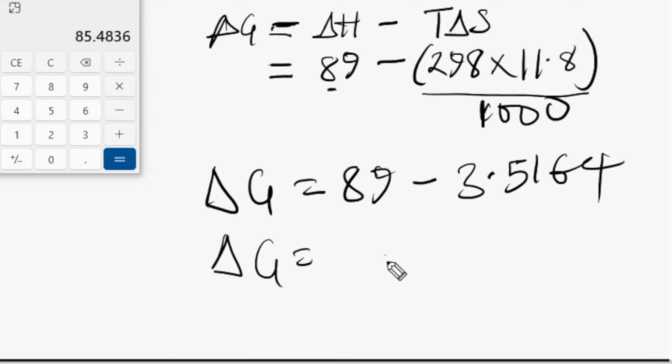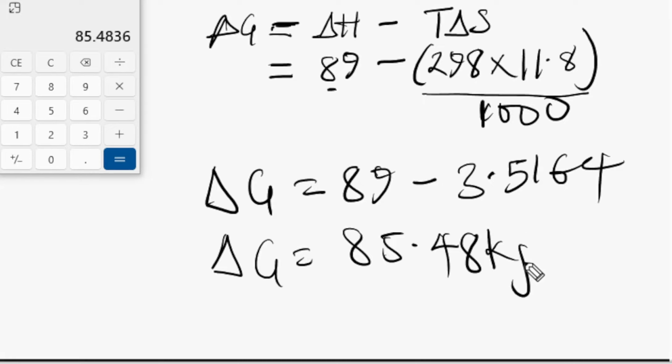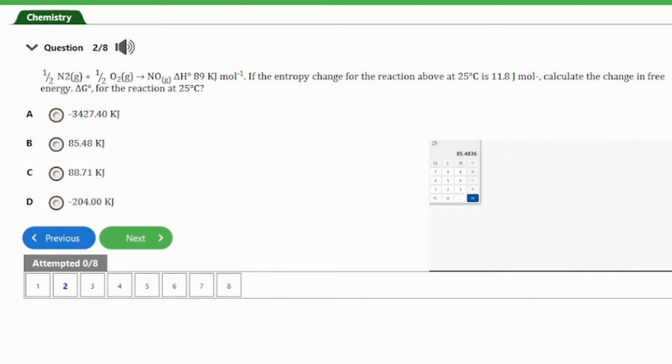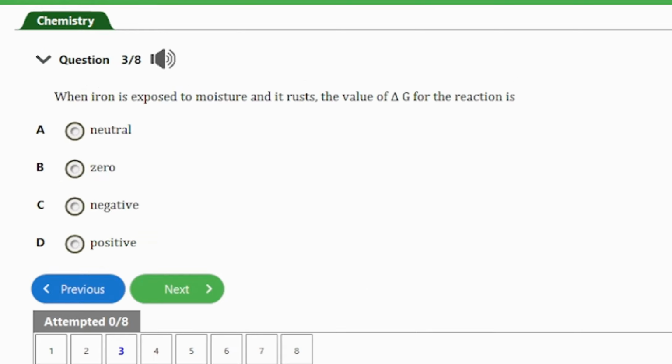So this is 85.48, in this case kilojoule, right? So that's the answer to this question, guys, and that's option B here. So let's go ahead and wipe this off, and then let's go ahead and consider the next question here, guys.